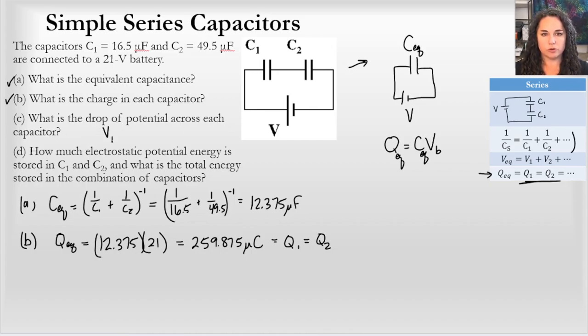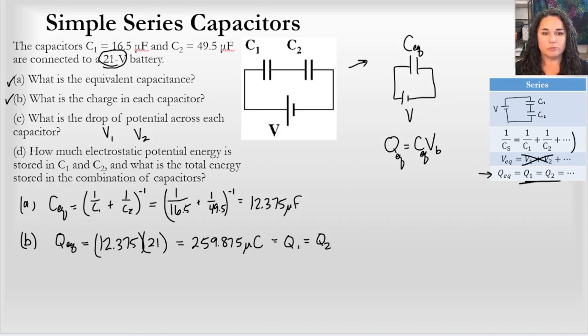So what they're looking for is V1 and V2. What is V1 and V2? Well, when I'm looking over here, V equivalent equals V1 plus V2. I don't know either of those values right now. I know they must equal 21 when I add them together, but I don't know each one individually, so this equation actually isn't helping me right now.